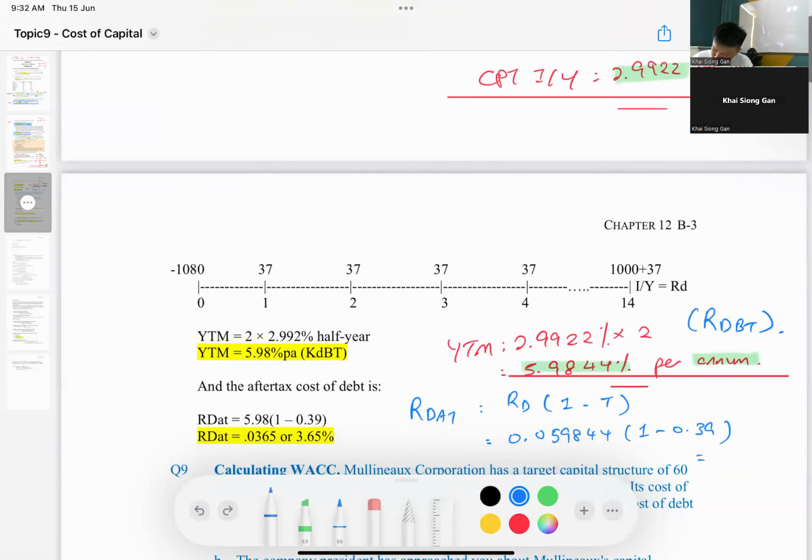So you should get 0.0365. Convert into percentage, 3.65%. Ta-da! I get the answer. So that's your RD after tax.